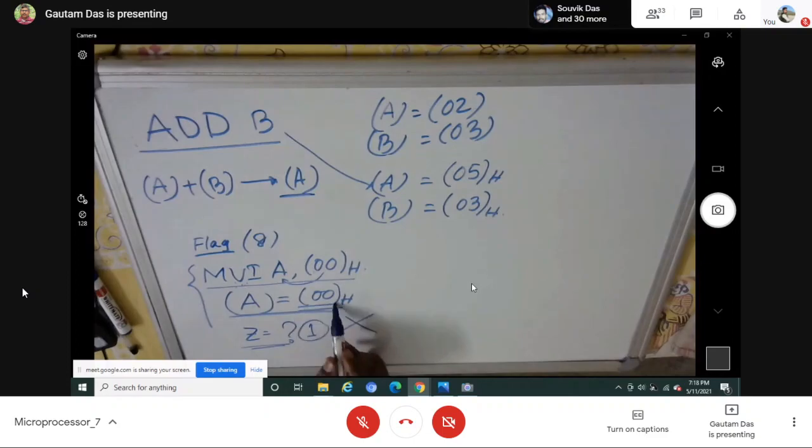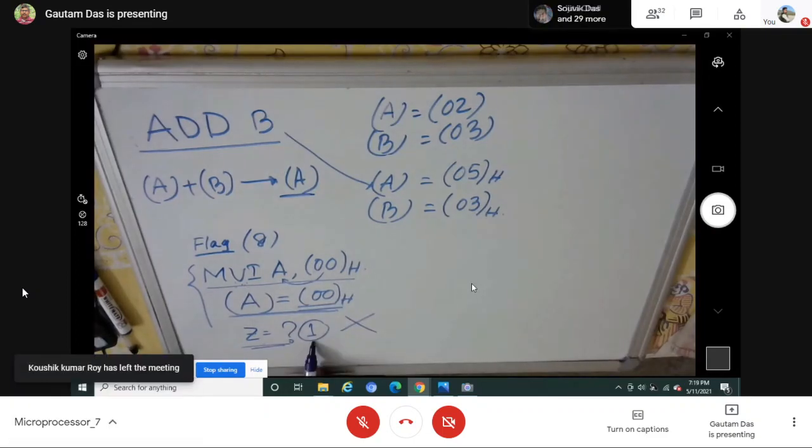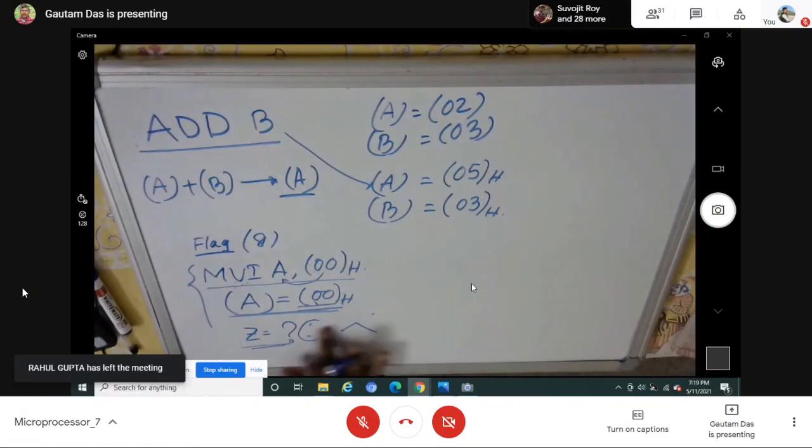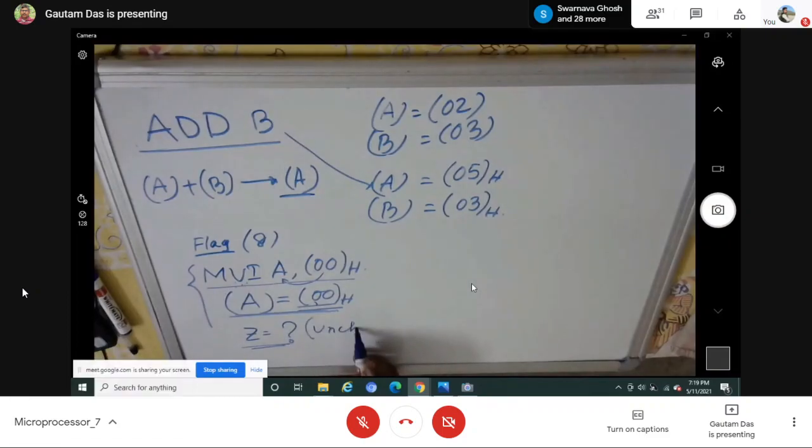So though your accumulator content is 00, the zero flag will not be changed to 1, because the accumulator became 00 not by an arithmetic or logical operation, but by a copy operation. A copy operation has no effect on the flags. So in that case, you cannot say the zero flag will be 1. You have to write that the flag will be unchanged.